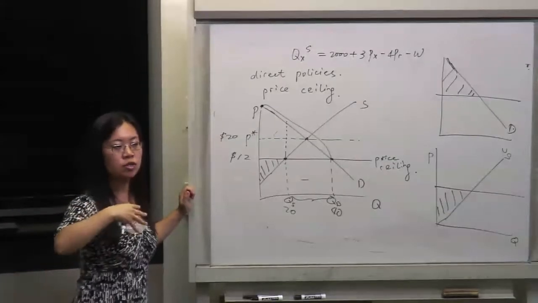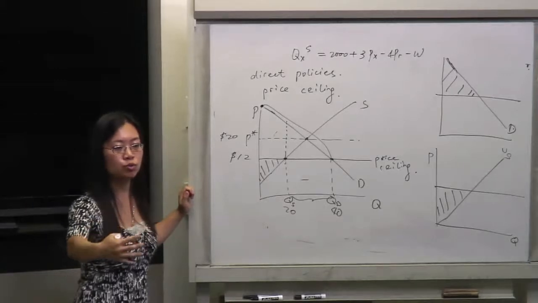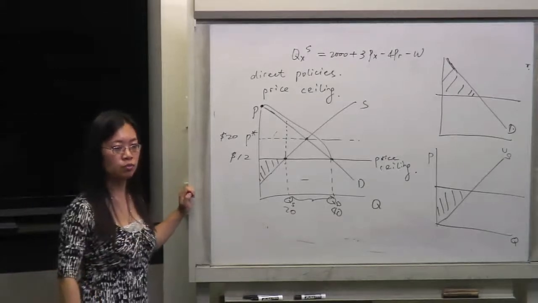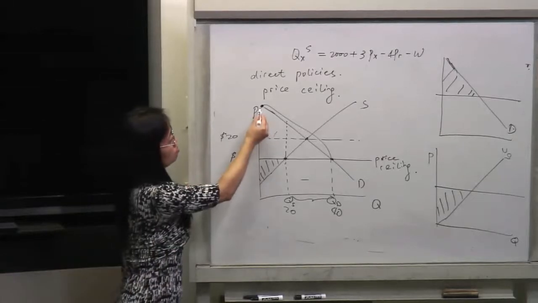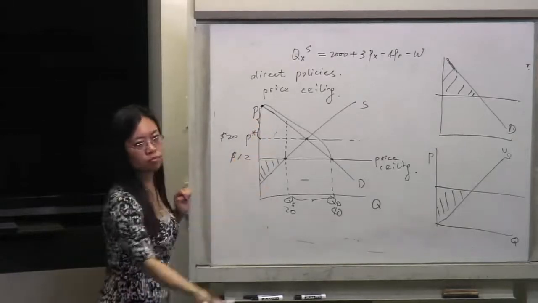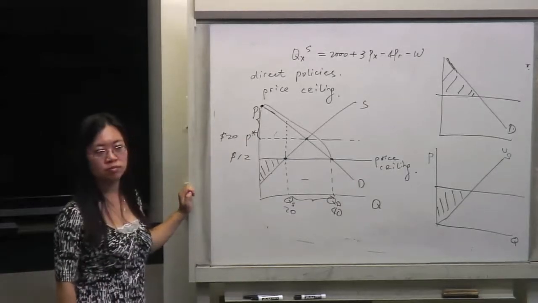So how much additional cost is he or she willing to incur in order to get this good? Distance from that point. Is that right?